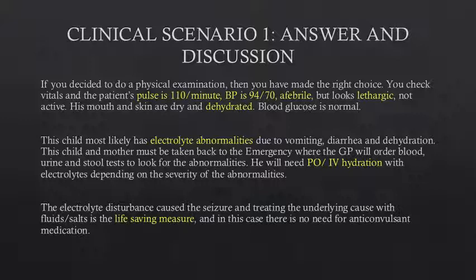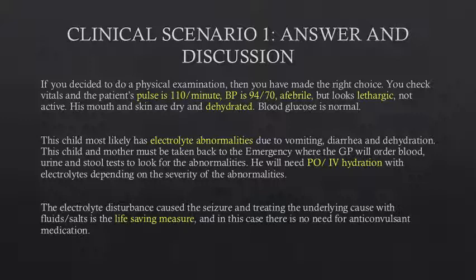This child most likely has electrolyte abnormalities due to vomiting, diarrhea, and dehydration, possibly because of an infective gastroenteritis. This child and mother must be taken back to the emergency where the GP will order blood, urine, and stool tests to look for any abnormalities.